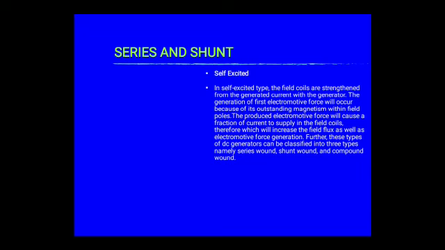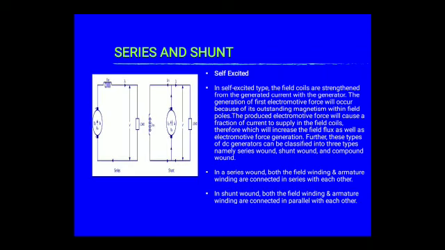Further, this type of DC generator can be classified into three categories, that is series wound, shunt wound and compound wound. So you can see the image of a series generator and shunt generator. In case of a series generator, the armature is connected with the field in series, and in case of a shunt generator, the armature and field are connected in parallel.